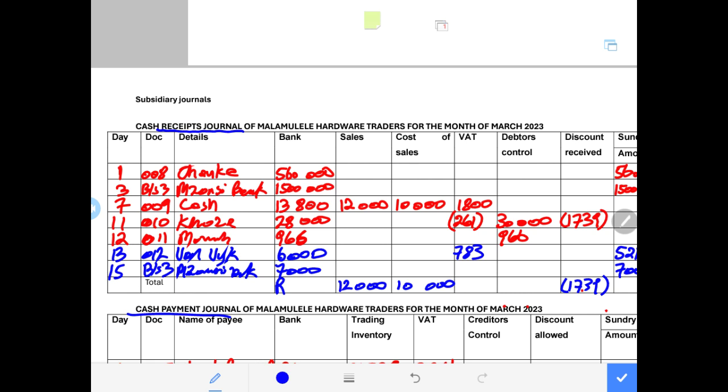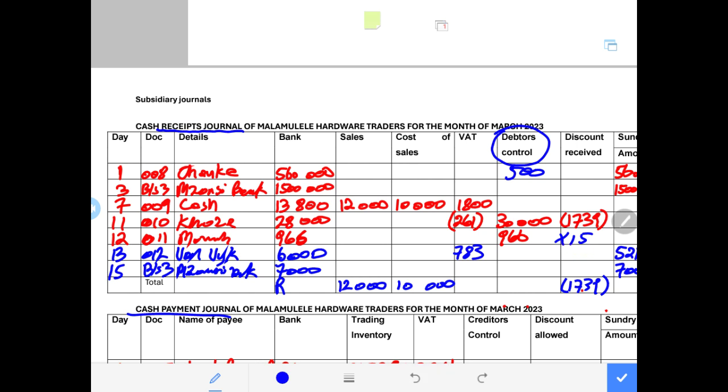And this customer received a discount, so it will be under bank and discount. We need to record the entire 500 under bank and discount, because the 500 includes the discount and the VAT amount calculated from that discount amount, which we said is times 15 over 115.